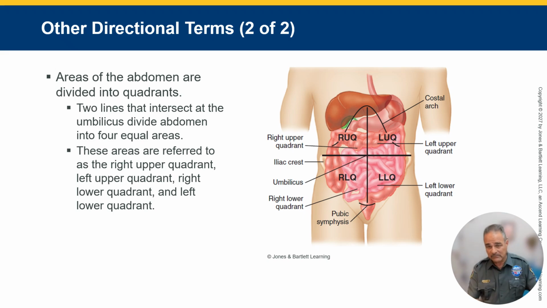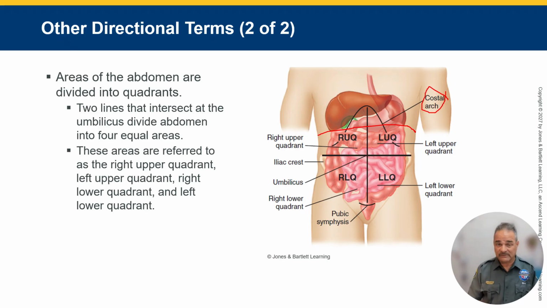Some of the important parts I want you to draw your attention to is this word right here, costal arch. That costal arch is this directional right here, okay? And that's a very defining landmark when we use it to describe the patient's conditions and the organs that are in there.